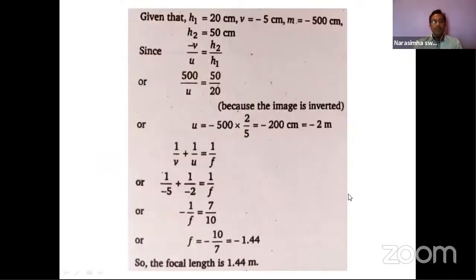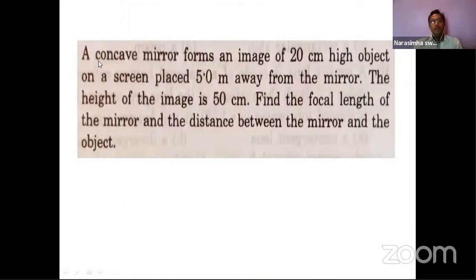So here is the problem. H1 is 20 centimeters, H2 is 50 centimeters. H1 is the object height, the concave mirror forms an image of 50 centimeters height.